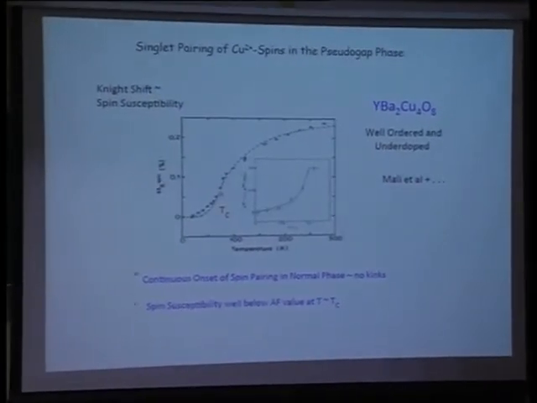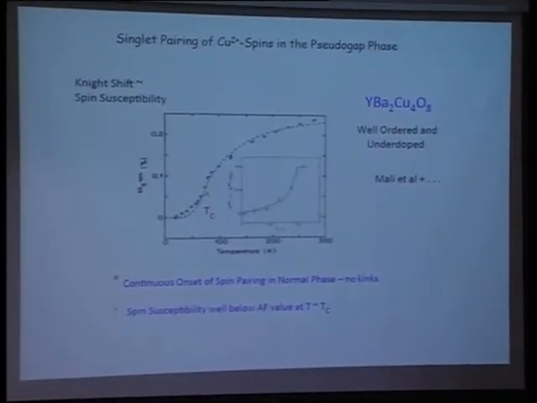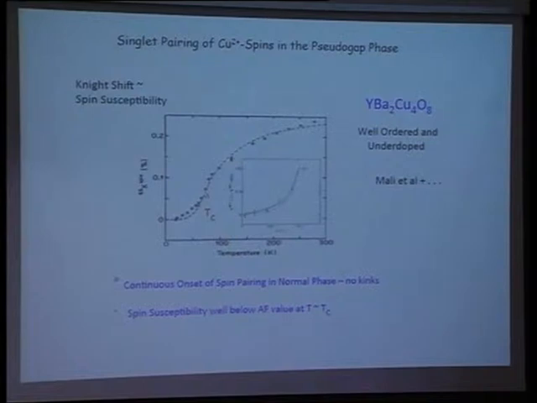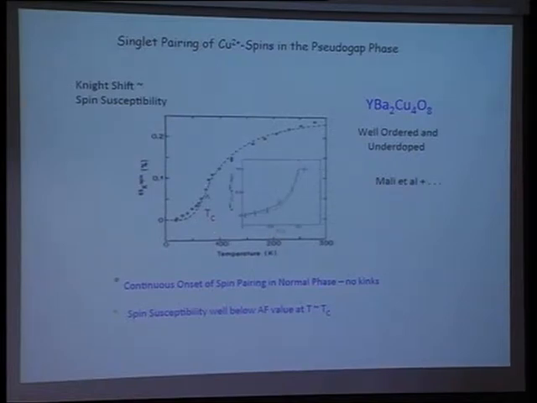It drops continuously with no sign of any phase transition, no sign of any jump or kink, and here is the onset of superconductivity. Here you can hardly see it on this particular curve.